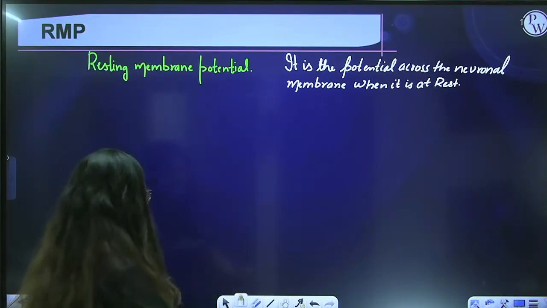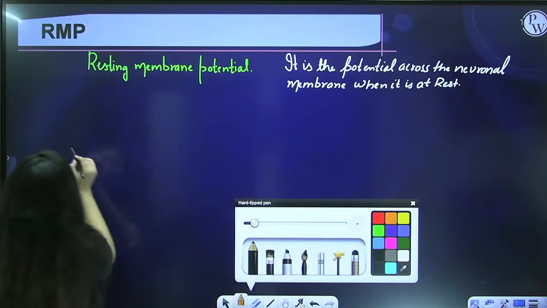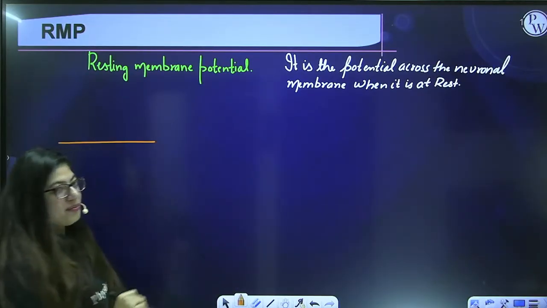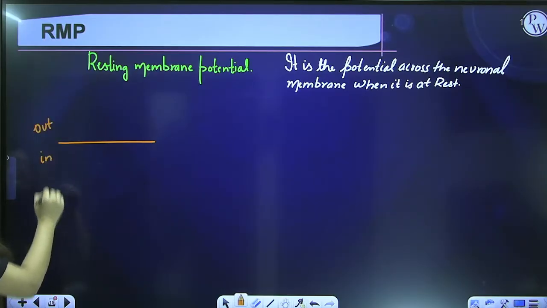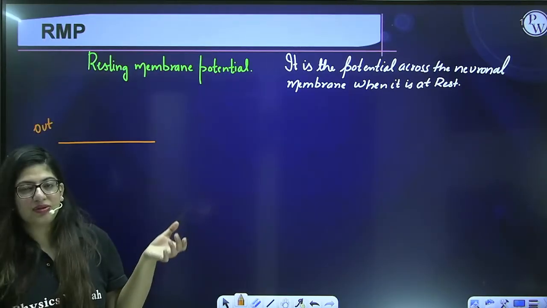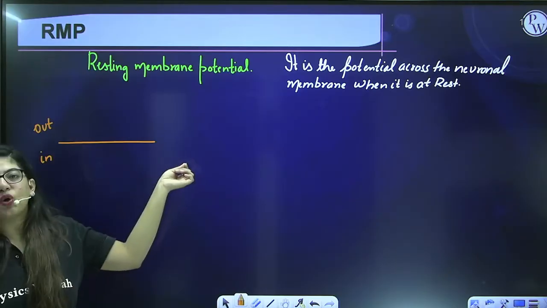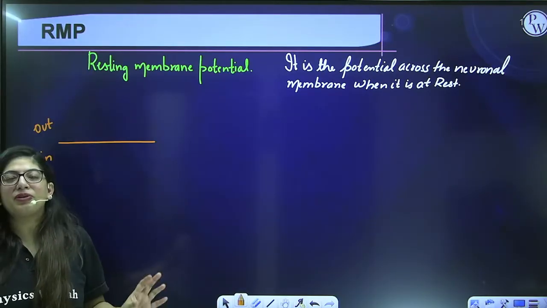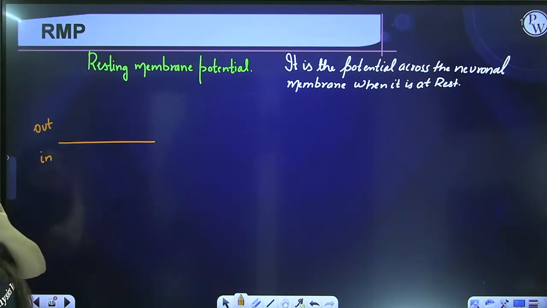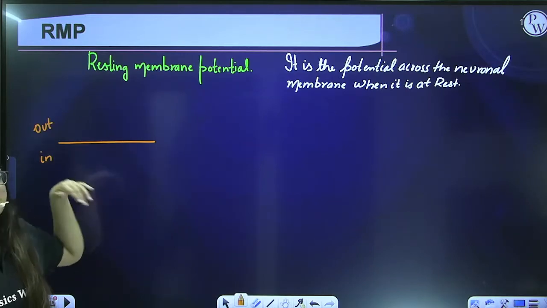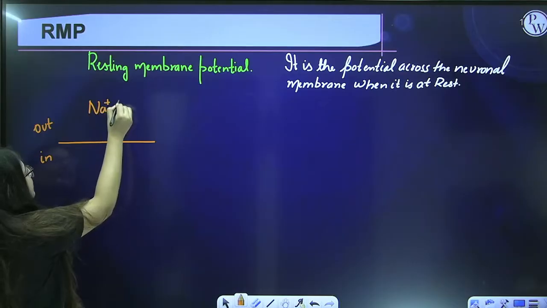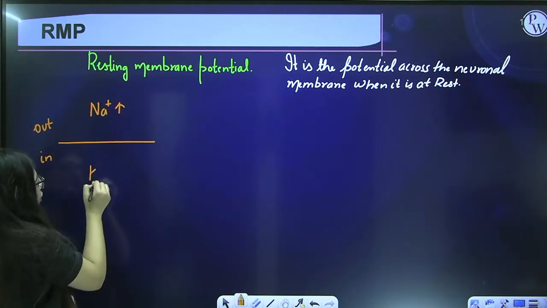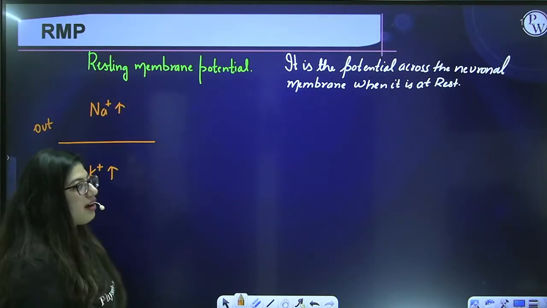So let's see what that is. For example, this is your neuronal cell membrane, and this is the outside and this is the inside. We are not drawing the entire cell, I have just drawn the cell membrane of an axon, right? So outside the cell, the concentration of sodium ions is always higher, and inside, potassium ions are always higher, right?